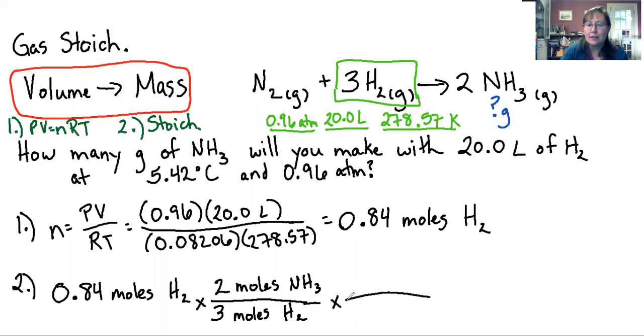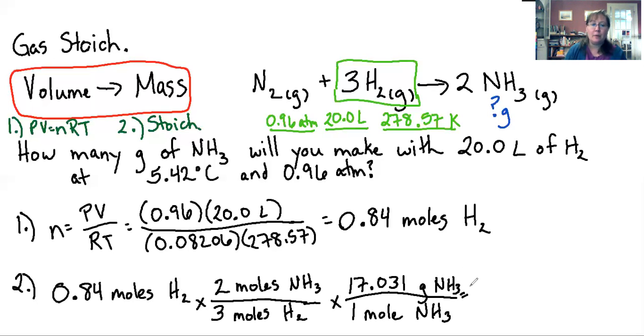And then the last piece is the molar mass of ammonia. So we'll have 1 mole of NH3 on the bottom, and then 3 times 1.008 plus 14.007, and that will give me 17.031 grams of ammonia.